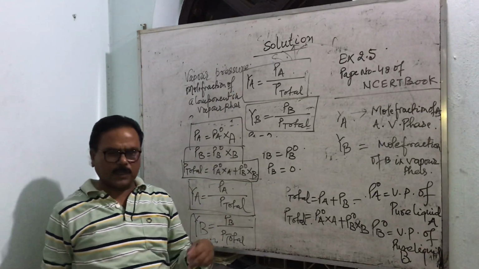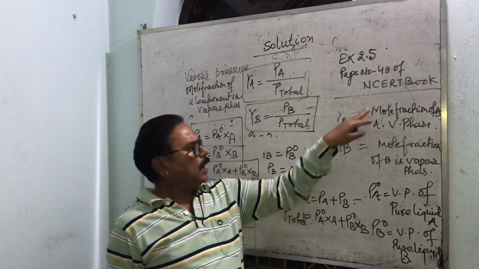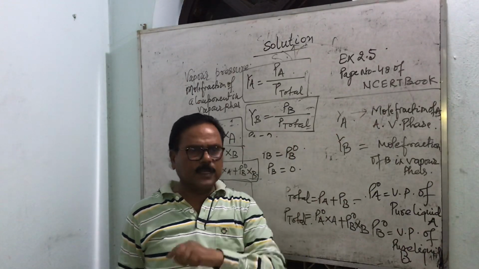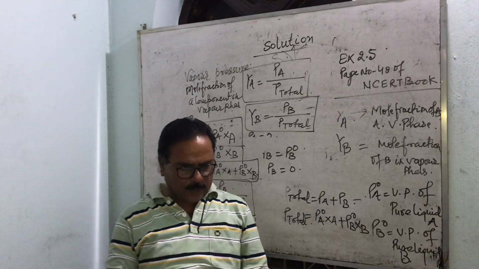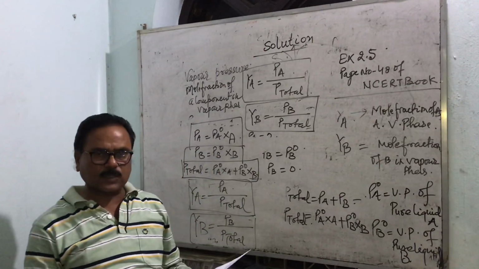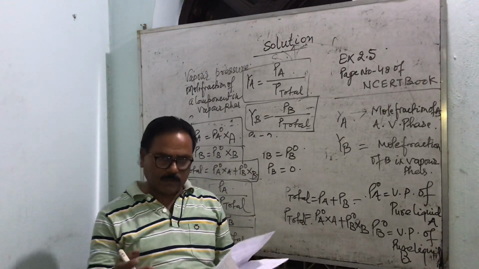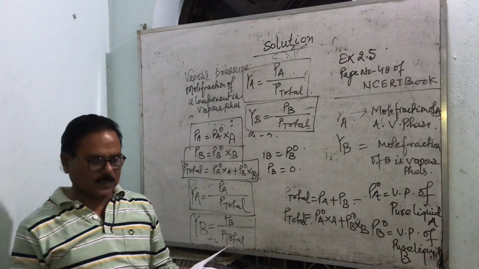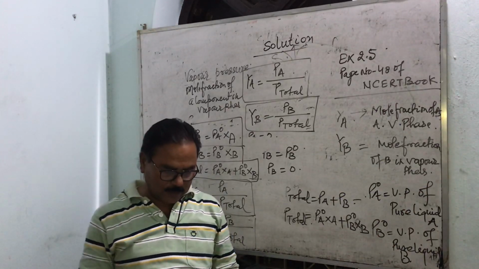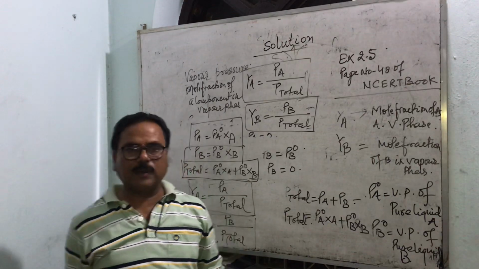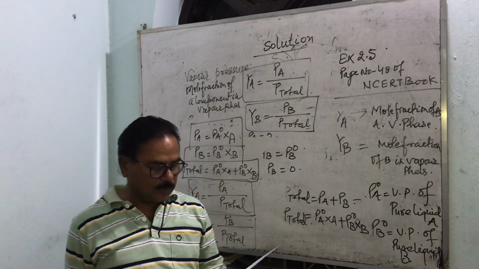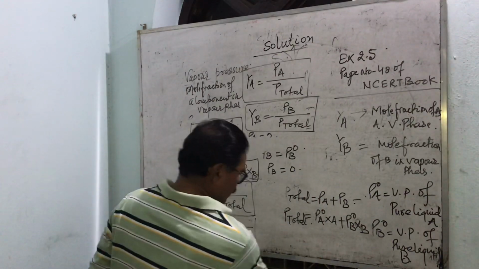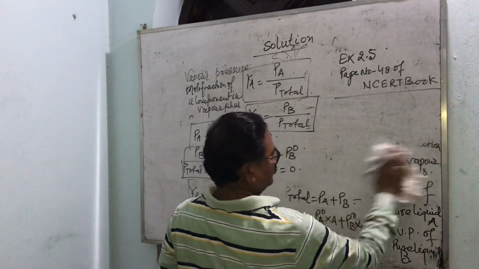If you understand the theoretical concept very clearly, then you can solve this problem. Once I read out the problem, it is your task to do at home, and when we meet tomorrow, I will discuss whether it was solved by you or not.